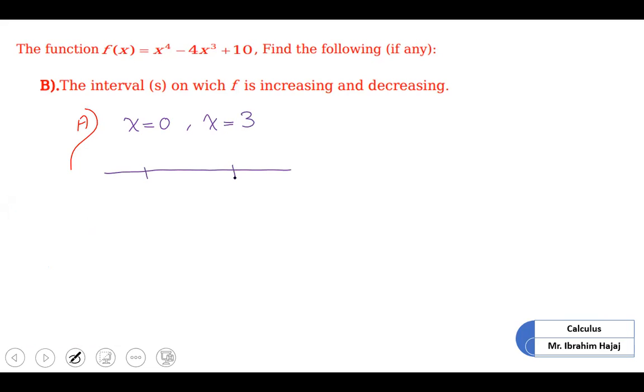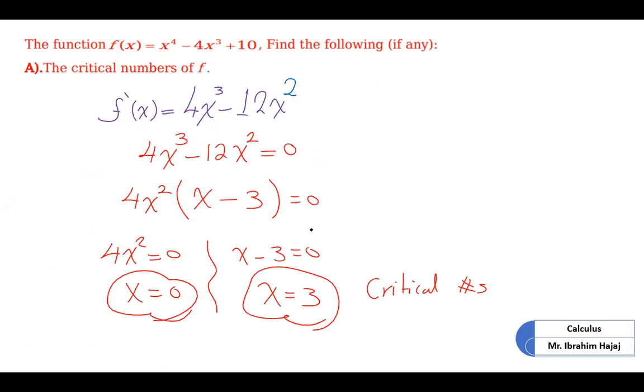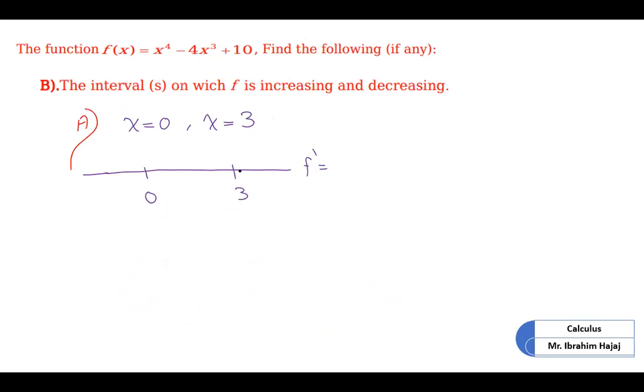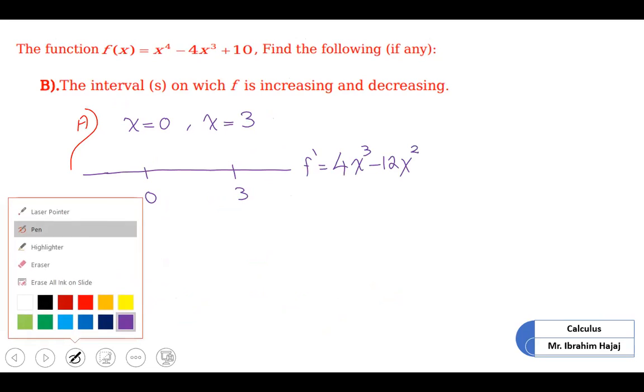So draw your number line, put 0 and 3, and test some points less than 0, between 0 and 3, and greater than 3. Less than 0, like -1, and substitute in f prime. F prime was 4x cubed minus 12x squared. This two made a problem.